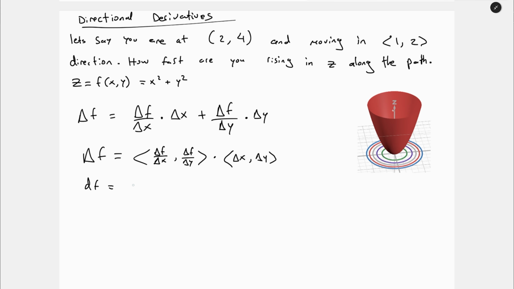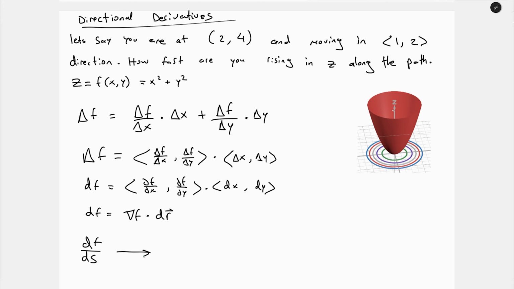And if you go infinitely small, we move into differential and partial derivative territory. And then this was equal to grad f times dr. So here it's not asking how much we moved in z, but how fast we are rising. So this is kind of different. So now we have to divide everything by ds.